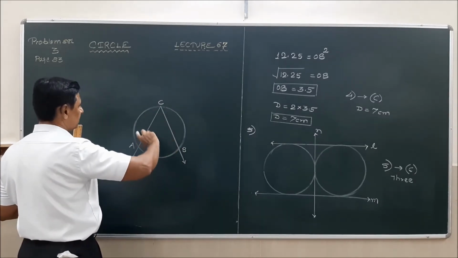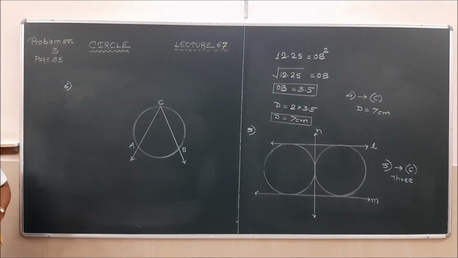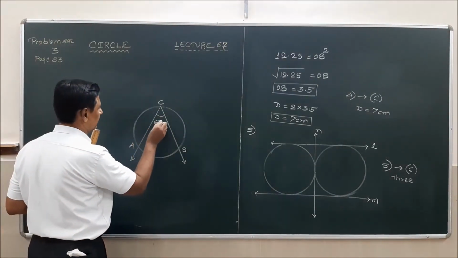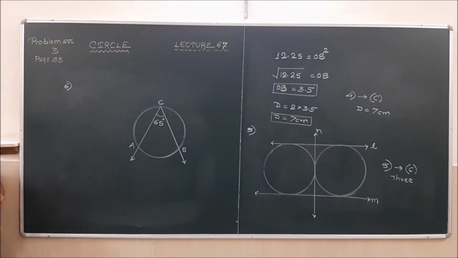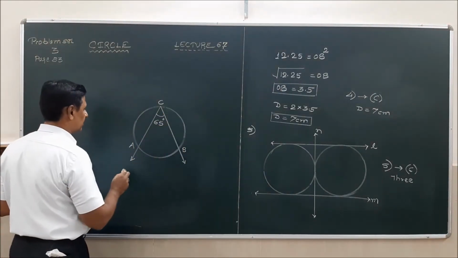Angle ACB is inscribed in the arc ACB. That is the condition given. Angle ACB is 65 degrees. The question asked is, find the measure of arc ACB.